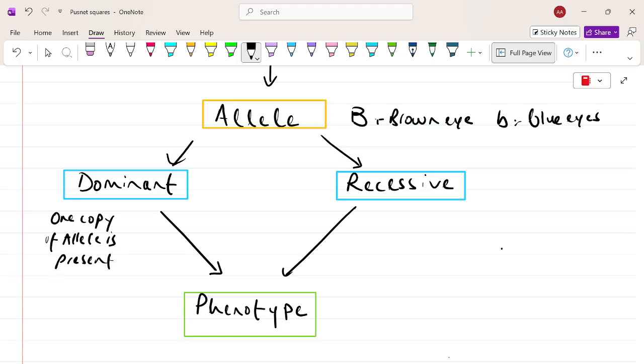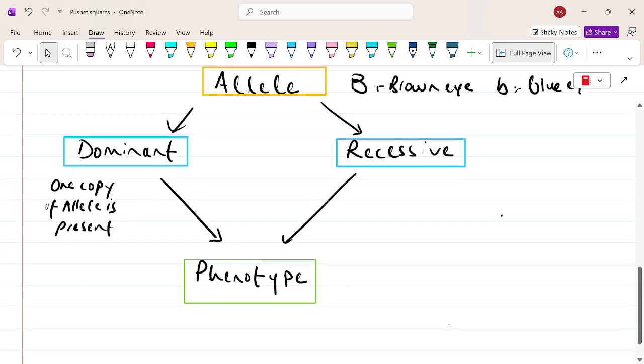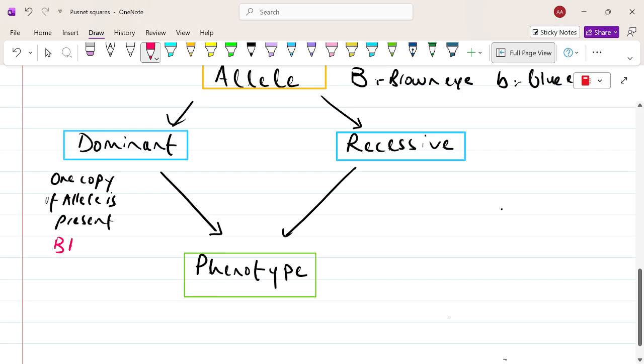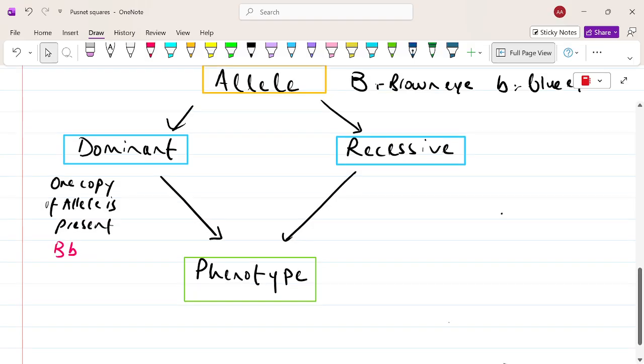So in the case of the brown eyes, we have capital B and small b. Even though we have the allele for the blue eye color and the allele for the brown eye color, only the brown eye color is going to be expressed here because the B allele for the brown eye is dominant, while the recessive is when we need two copies for the gene to be expressed.